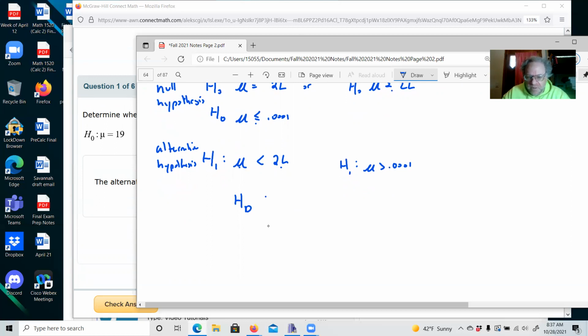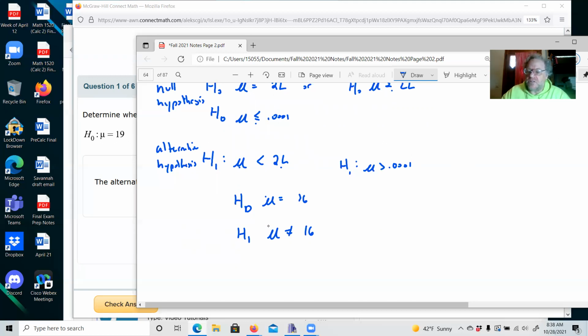We'll say H0, we fill them to 16 ounces, and your alternative might be it's not equal to 16 ounces, because for you as the quality control person, for the people making the cereal, if you're overfilling it by too much, that's not good, because that's product that could have gone into another box. You're losing money. But you also don't want to shortchange anybody. So from the eye of the quality control person, it's bad if there's too much going in there, and it's bad if there's too little going in there.